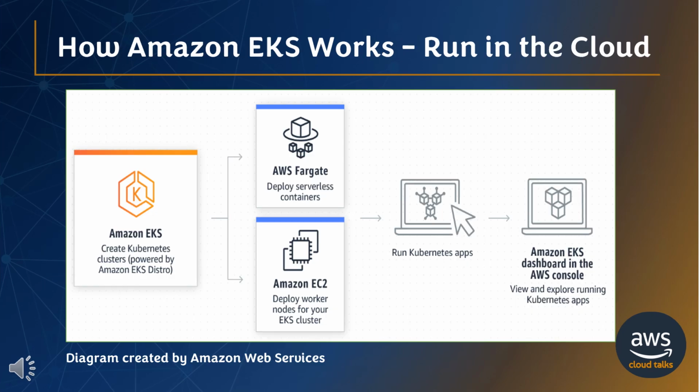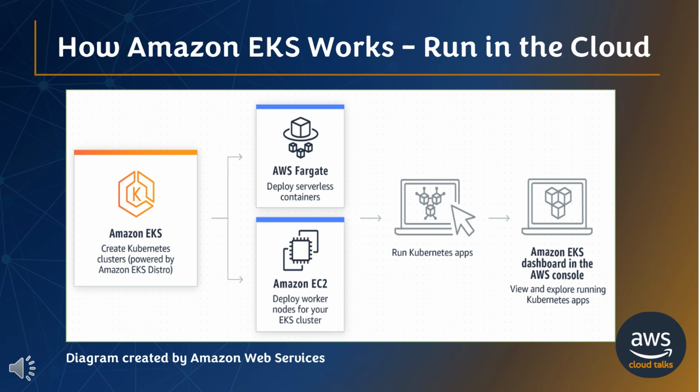Excellent. Now let's see how Amazon EKS works in the AWS cloud. Amazon Elastic Kubernetes Service, Amazon EKS, is a managed Kubernetes service to run Kubernetes in the AWS cloud and on-premises data centers. In the cloud, Amazon EKS automatically manages the availability and scalability of the Kubernetes control plane nodes responsible for scheduling containers, managing application availability, storing cluster data, and other key tasks.